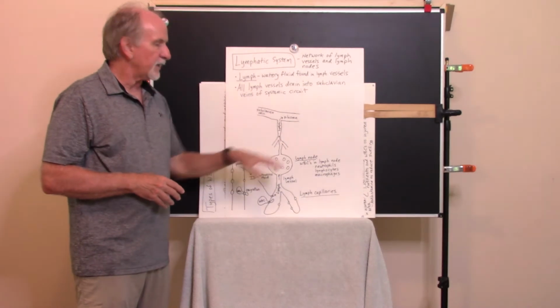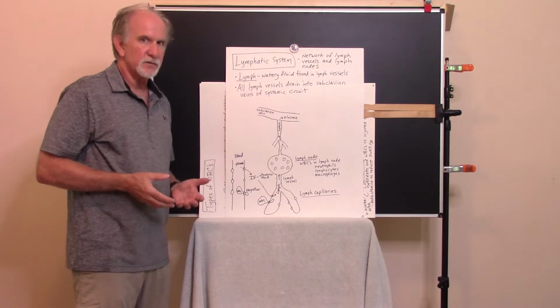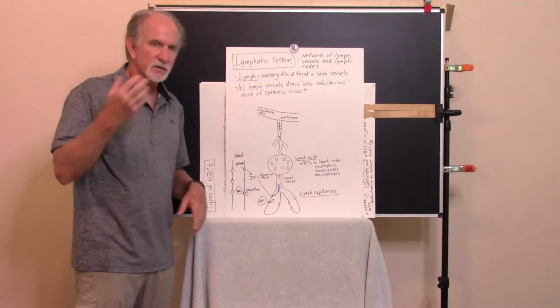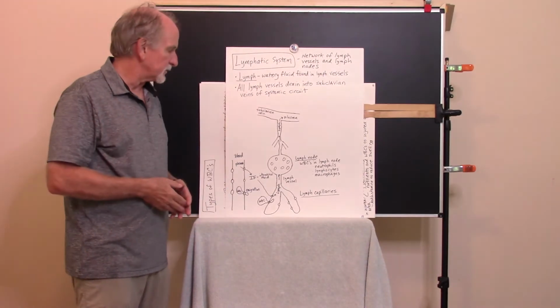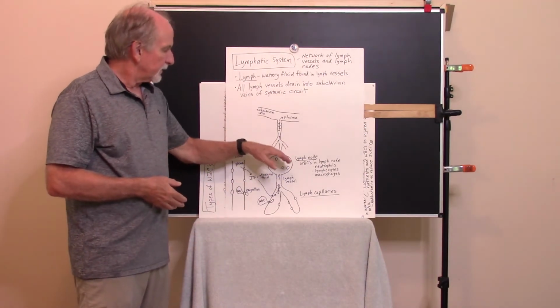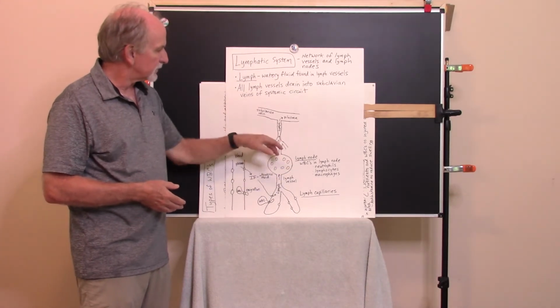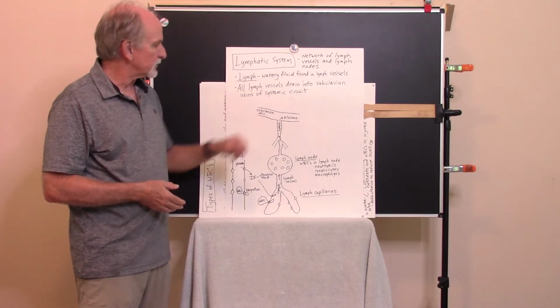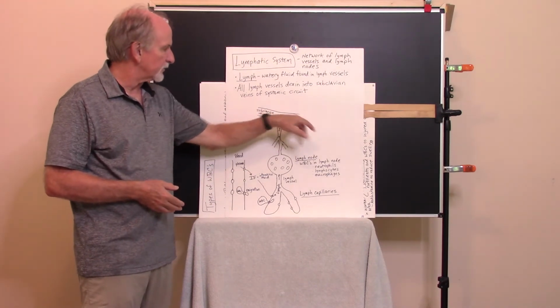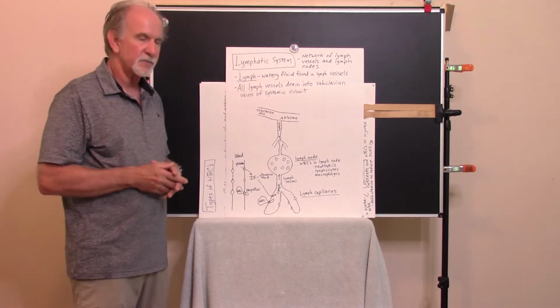Lymph nodes contain white blood cells like neutrophils and lymphocytes and macrophages. Lymph vessels drain out of the lymph nodes, and eventually lymph vessels join into the subclavian veins.